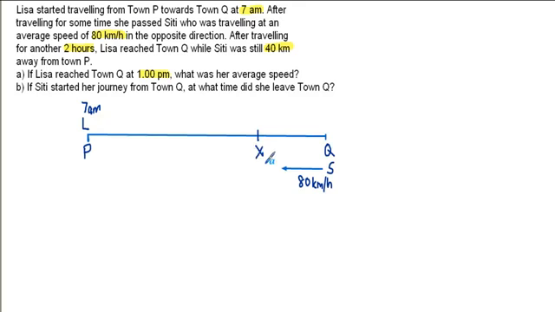After traveling for 2 hours, Lisa reached town Q. So from X to Q, for Lisa it would be 2 hours.